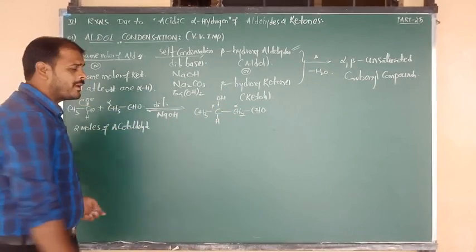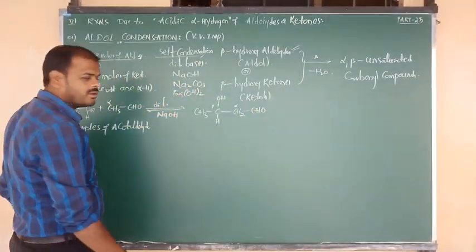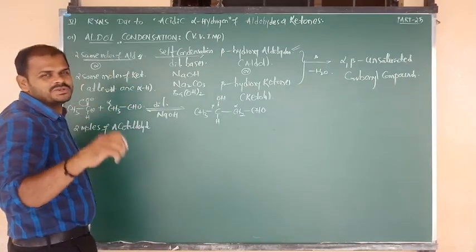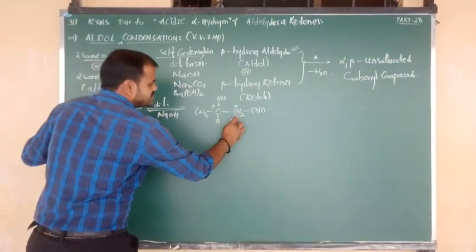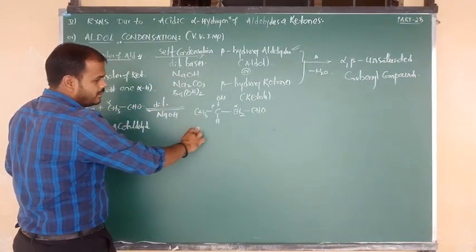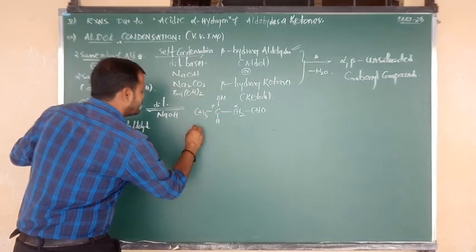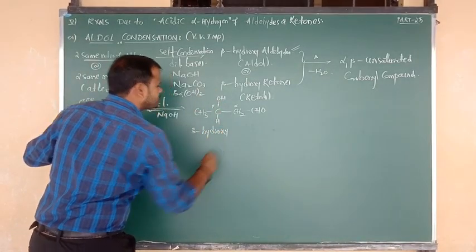What is the aldol product? Beta hydroxyaldehyde. Okay, and for this compound I am going to write the IUPAC name, no problem. Functional group is 1 and this is 2 carbon and this is 3 carbon and this is 4 carbon. 3 is connected to hydroxy. So simply we can say that 3 hydroxy.